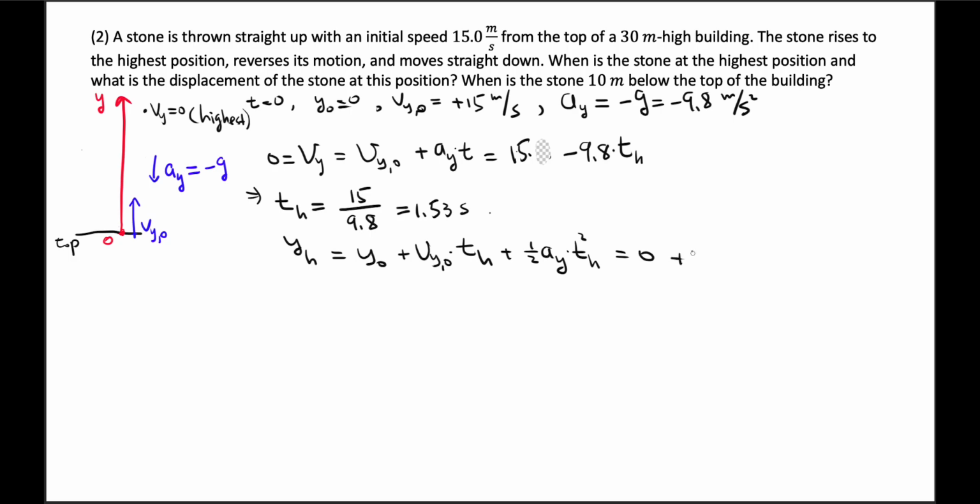Vy0 is positive 15 times the time, and then negative 1/2 times 9.8. So we know ay is negative, and then the time squared, and then in the end you will get the final position, which is 11.5 meters. Okay, so that's the y for the highest position.